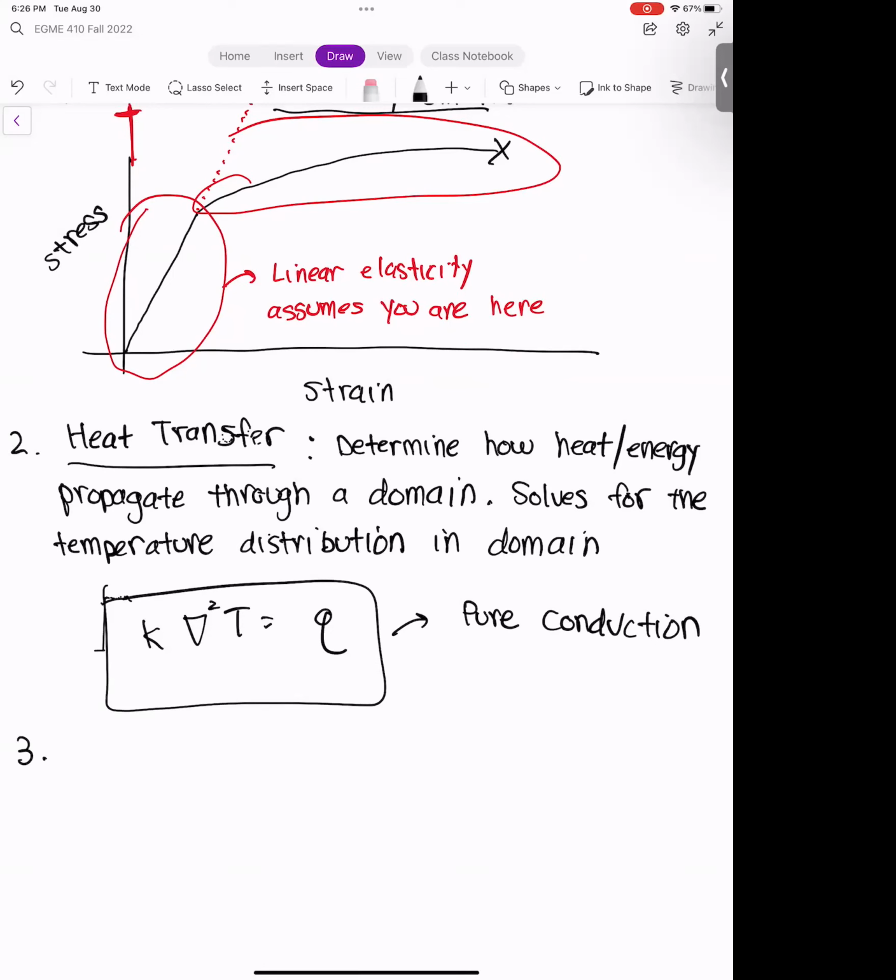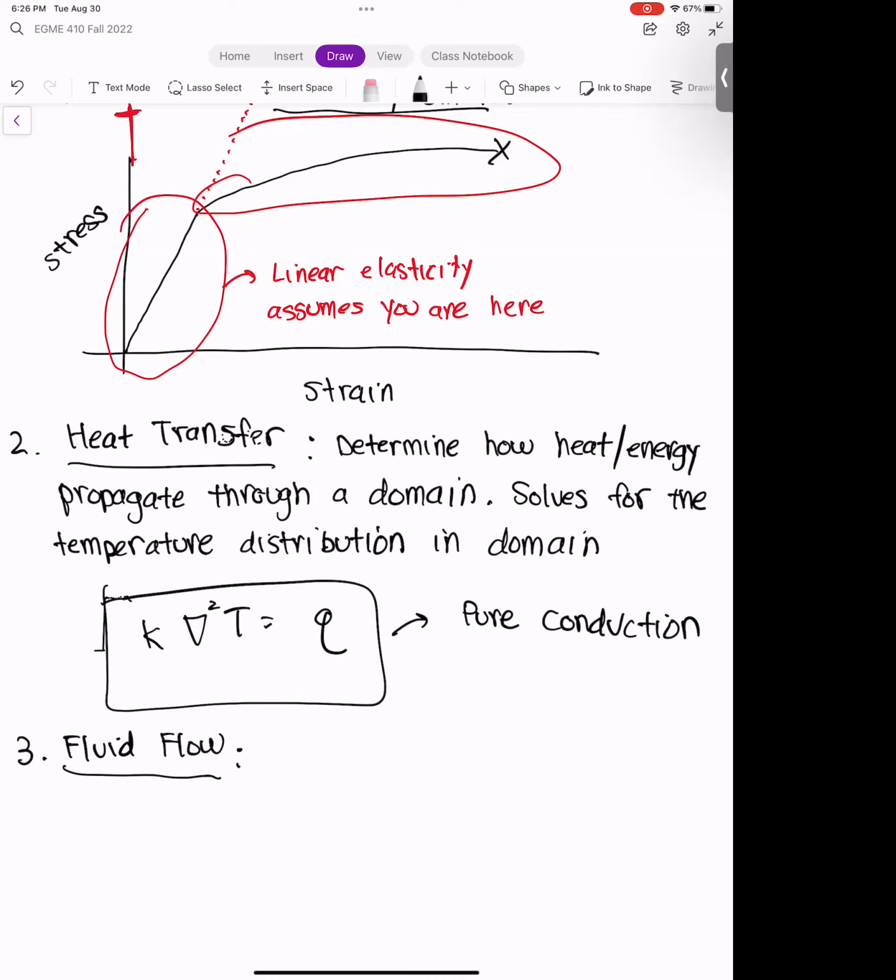And the third type of equation, the one that I have personally worked with the most, is fluid flow FEA. These are your CFD simulations. I know some people have written to me already that you're interested in doing CFD. CFD is possible with ANSYS. It's just the setup is actually quite different. So this is something that we're also not really going to get much into in this class, but I do have some handouts for you if you are interested.